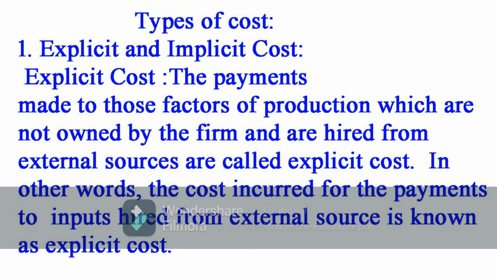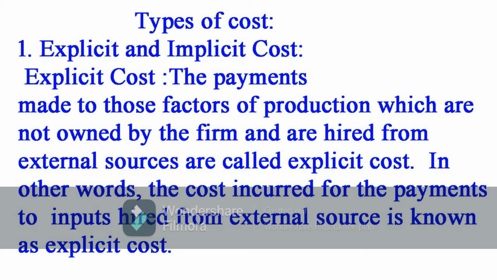Thus, those expenses for which the payment is done are called explicit cost. In other words, the cost incurred for the payments to the inputs hired from external source is known as explicit cost. It is sometimes also known as expenditure cost.